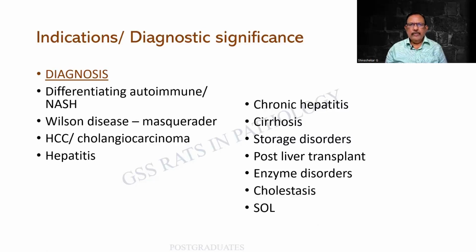Enzyme disorders. Cholestasis. Space-occupying lesion. Primary or secondary whatsoever. So this can be another set. In one, we almost know the diagnosis, whereas in another, it is a process that is ongoing, for which we will have to find a diagnosis.